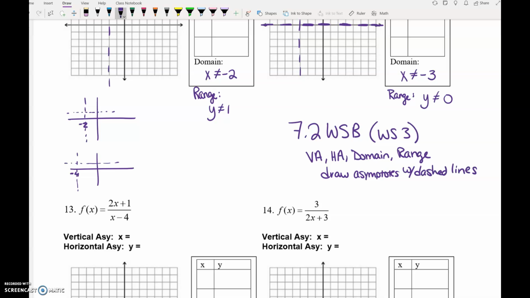So that's all you need to do on the assignment. You don't need to actually plug it into Desmos. You don't need to find the points. You don't need to put the hyperbolas on the graph. I just want you to identify both asymptotes, domain, and range, and use dashed lines to draw those asymptotes in, because that's going to make sure that you know where those asymptotes are so that you can pick out the appropriate graph.